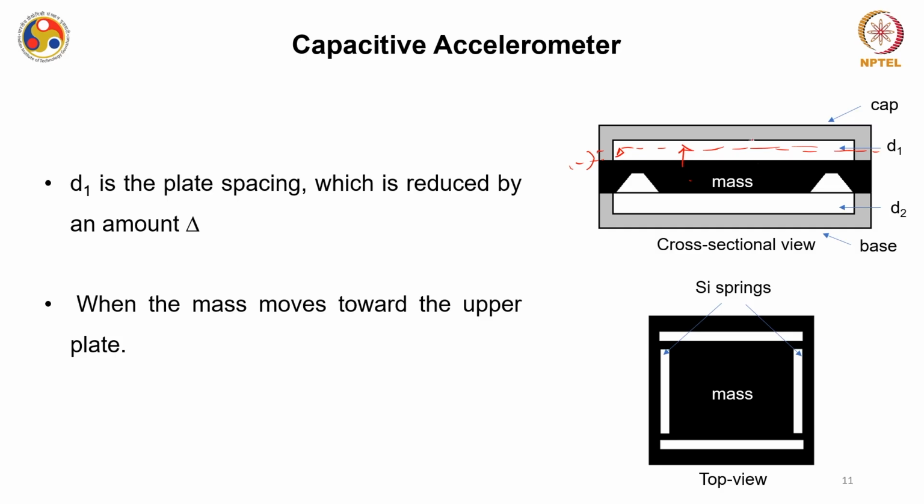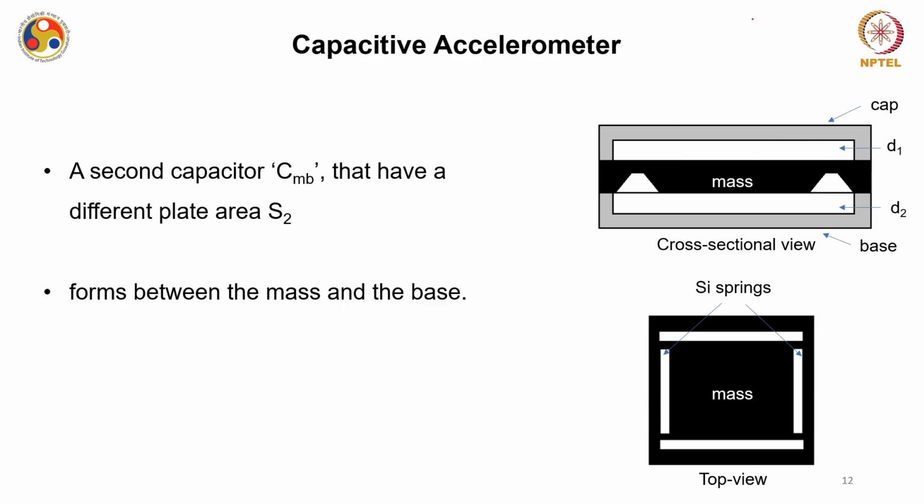Earlier it was this one, now it has reduced to this one. So basically it is D1 minus delta. When this mass moves in the upward direction because of acceleration, the distance between this mass and the plate decreases by a value delta, and this value is D1 minus delta.